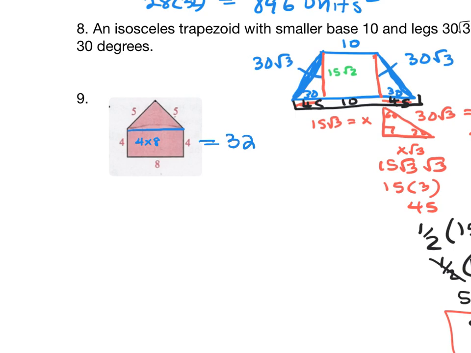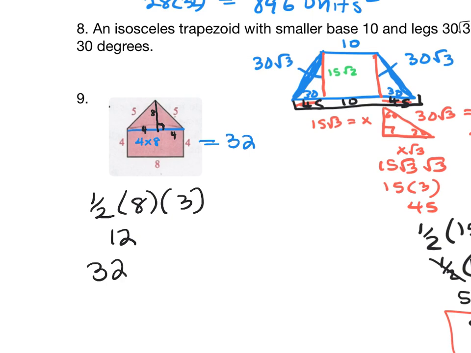So if I drop down and try to find my height, when I split the 8, this becomes a 4 and a 4, and again, this is a triple. So the area of the triangle is going to be 1/2 base, which is 8, height, which is 3. 1/2 8 times 3 is going to be 12. So 32 plus 12 gives me 44 units squared.